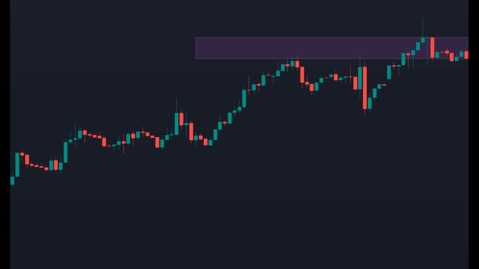Since we are in a resistance area where the price lately had trouble going through, this might be a good entry for a short trade. So let's see how it would have worked with the confirmation of the bearish engulfing pattern. Now let's see how the trade would have worked after the pattern confirmed the possible down reversal.